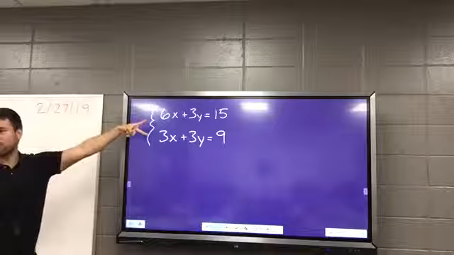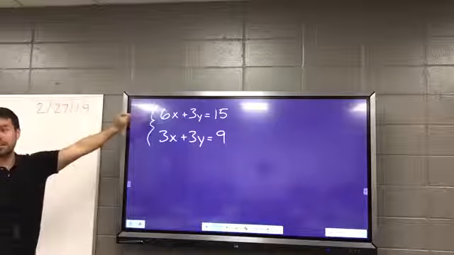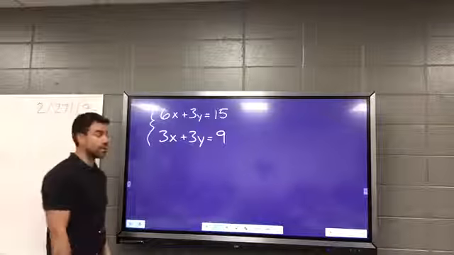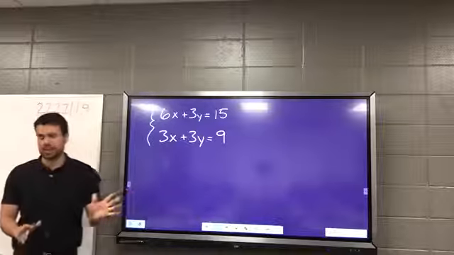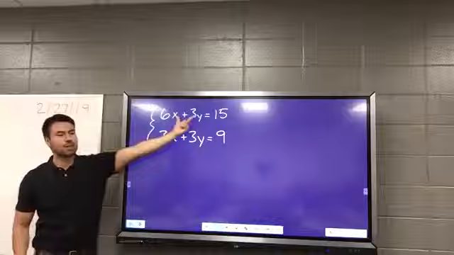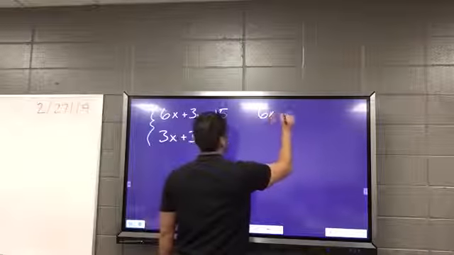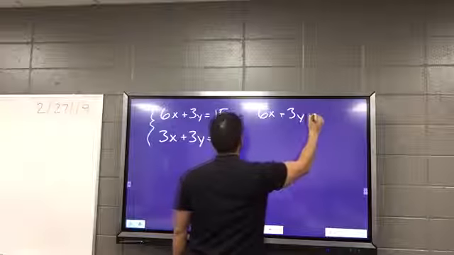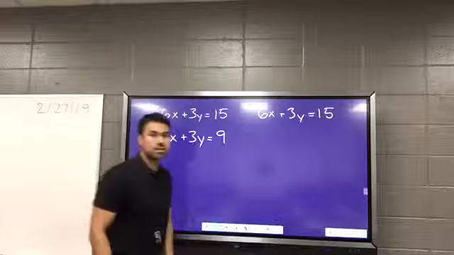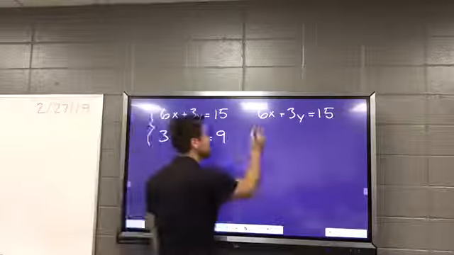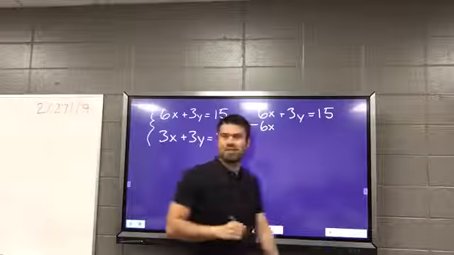Don't forget standard form. He's not left behind anywhere. He's going to come back and he's going to help us out because standard form is nice, but not today. How do I get this one in slope-intercept form, that top equation? Yes, sir? Subtract 6x from both sides.